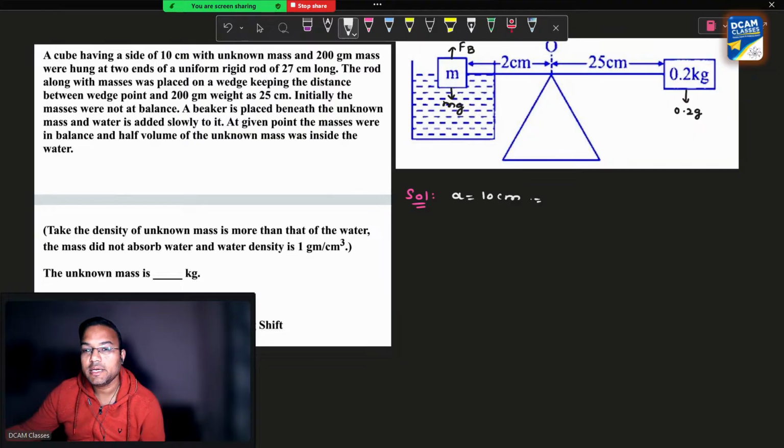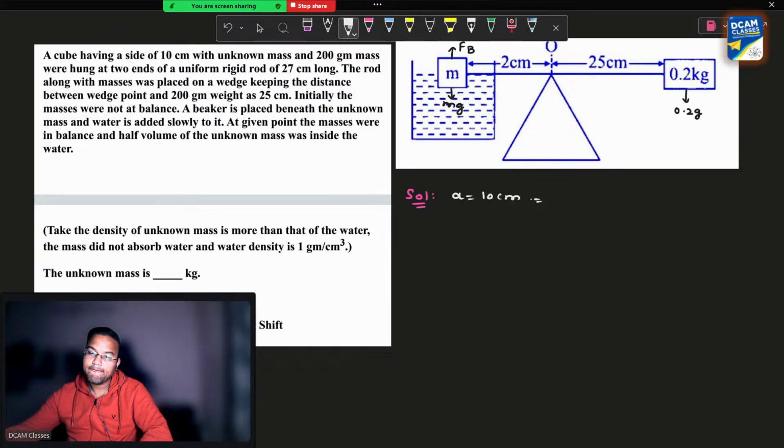I can write it as 0.1 meter. So volume you do not need to convert it into meters. Everything is given in CGS.